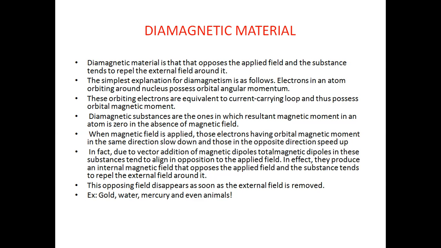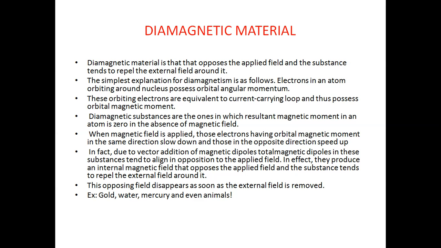Due to the change in velocities, the dipole moment of one electron is in one direction and the other is in the opposite direction, and they are added with the help of vector addition. When these dipole moments are added, the total magnetic dipole in the substance tends to align opposite to the applied field.